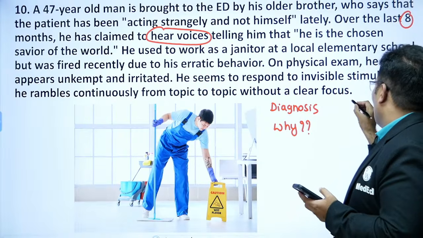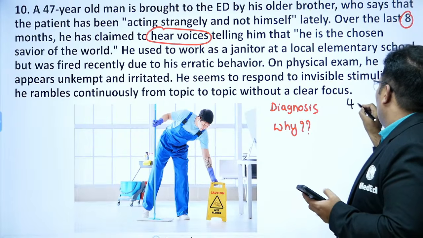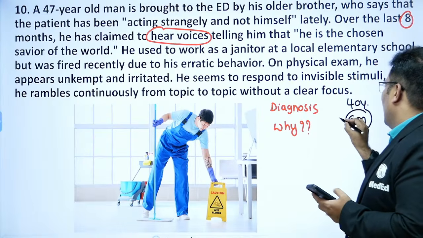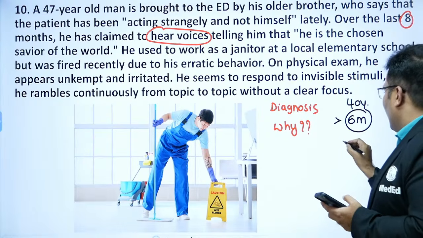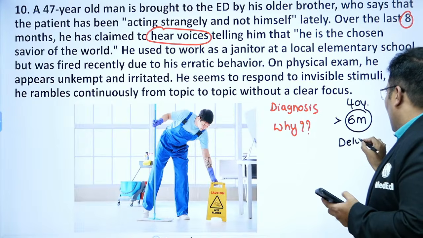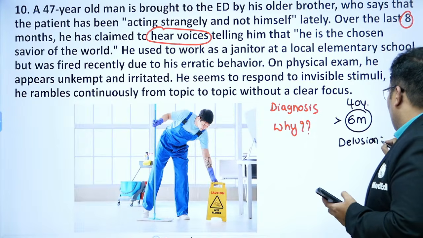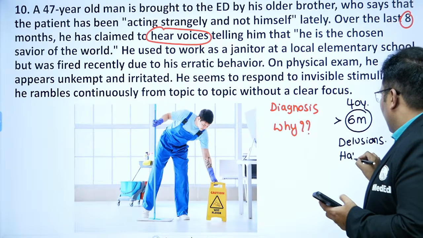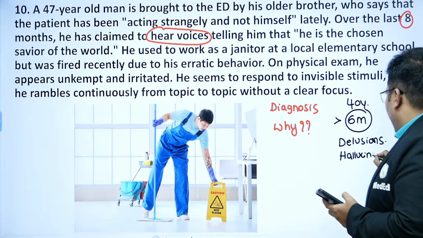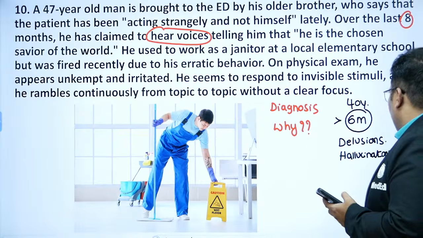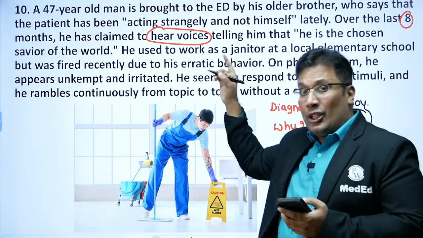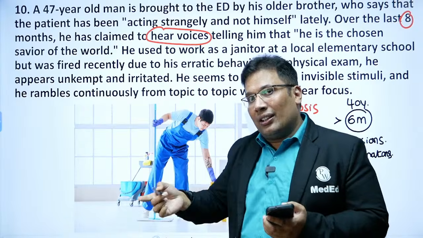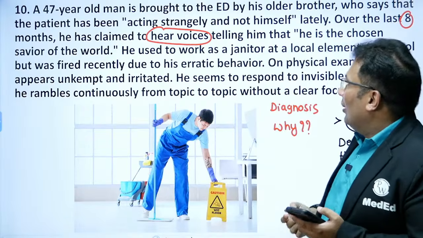A 40-year-old with a history of 6 months, and there are delusions and hallucinations. Third person hallucination: they are talking, or he is talking, she is talking.